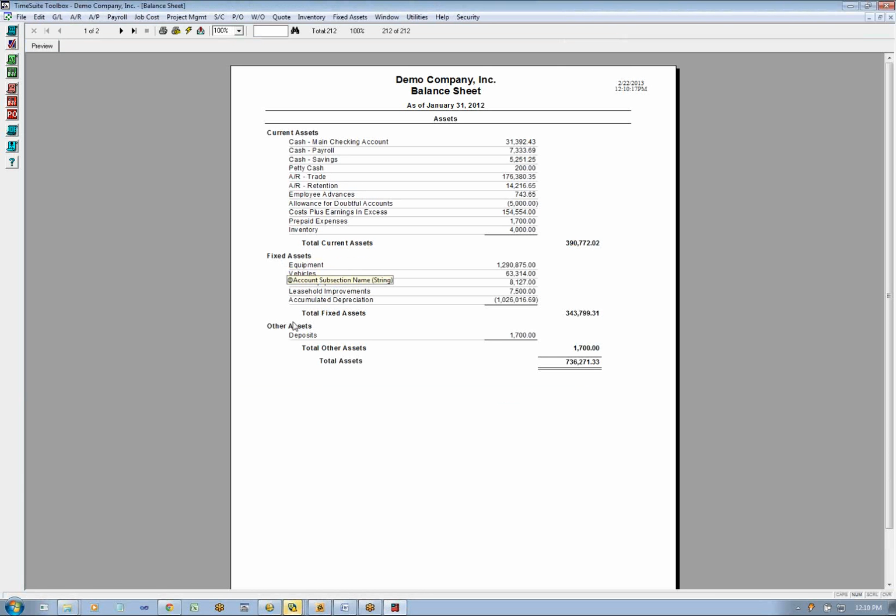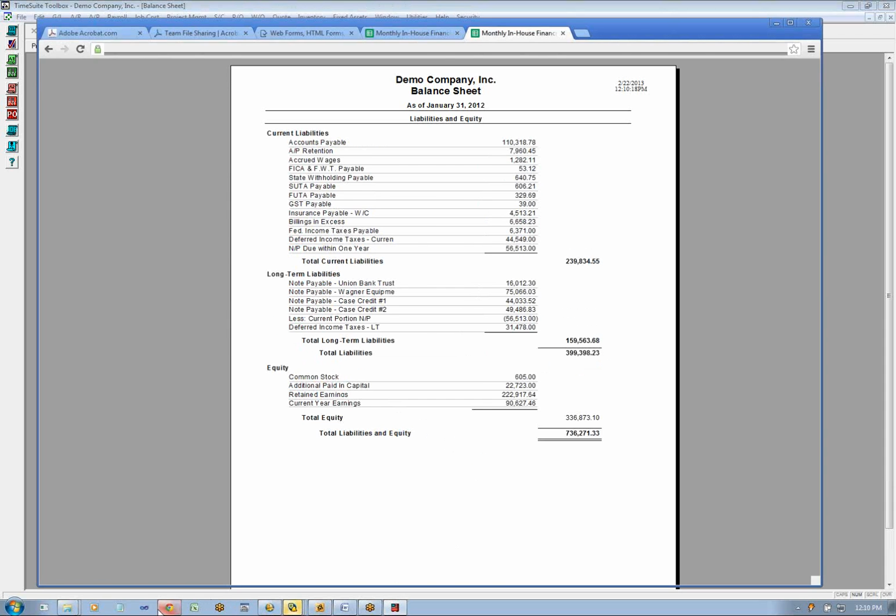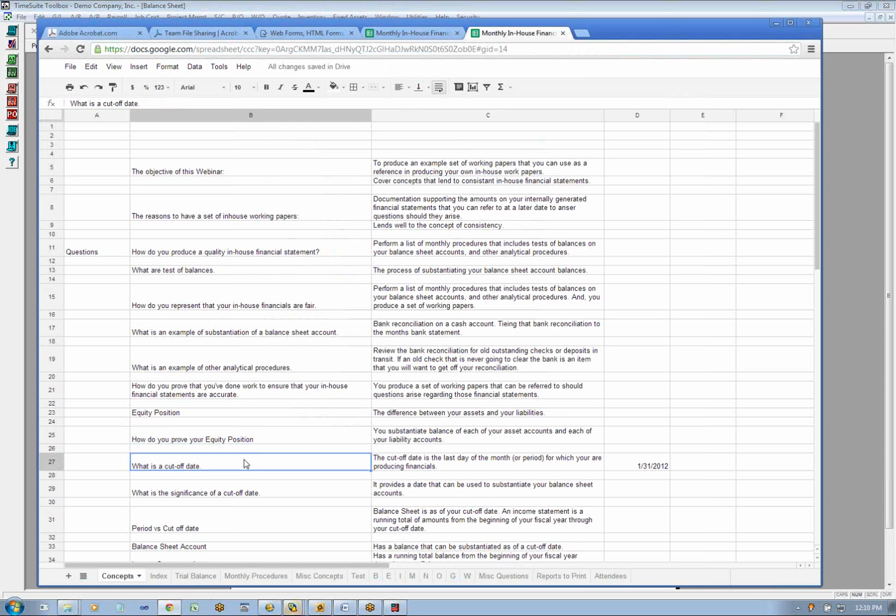Okay, so we have our balance sheet, we have our assets, and we have our liabilities, and the difference between our assets and our liabilities is our equity. Pretty elementary, but some of you don't have accounting background, so we want to just cover that concept.